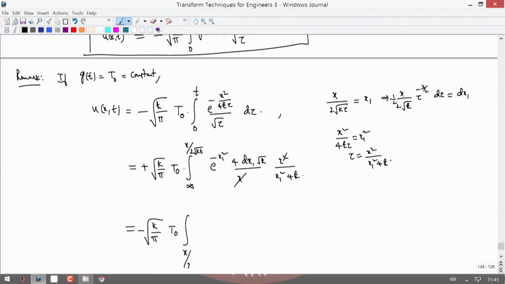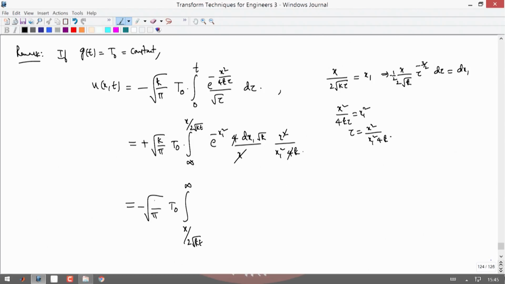So you have x by 2 root k t to infinity, and 4 goes here, k and root k go here, and x comes out, t naught x. If you use x1 as a dummy variable, you have tau power minus 2 times e power minus tau square d tau. So this is your u of x comma t.